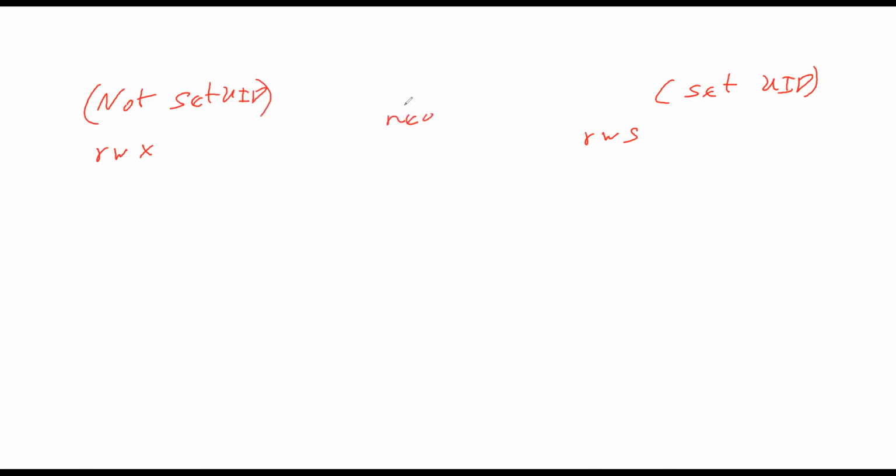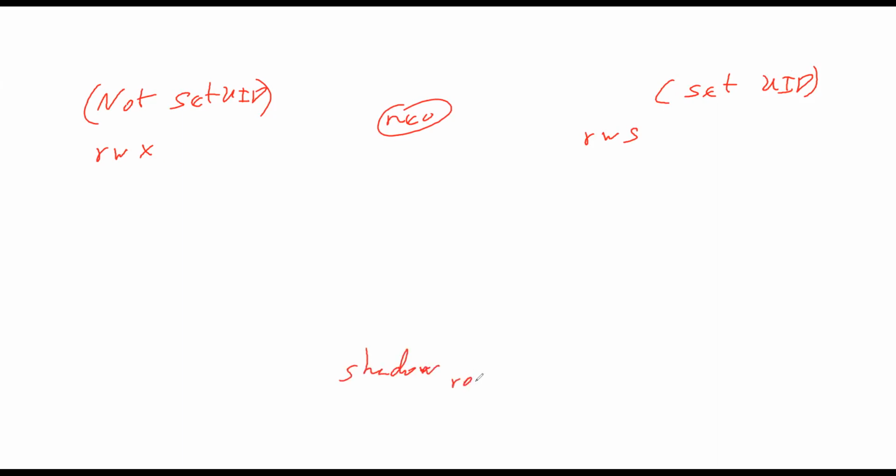If the file was not set UID, Neo would come in. Oops, change color. So Neo. So if the file is like that, versus like that. So this one is set UID, not set UID. All right, so we've got Neo here. Neo wants to change his shadow file, his password.